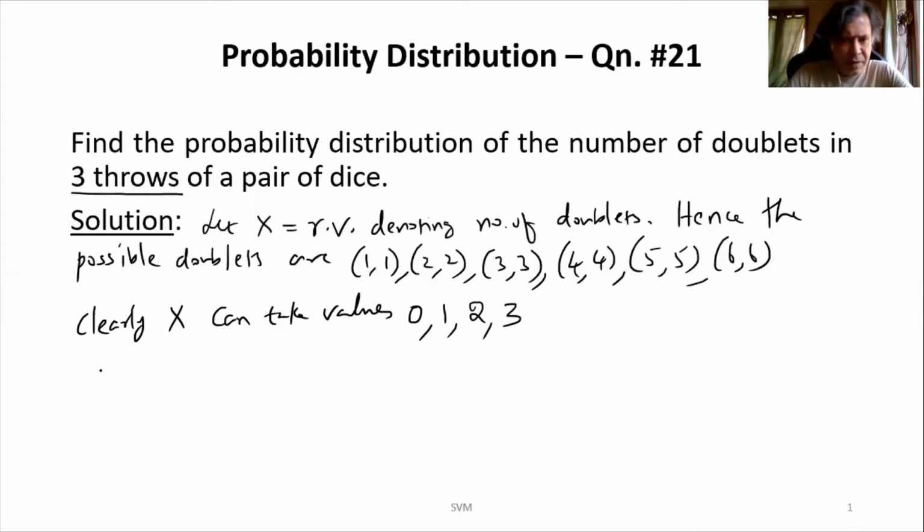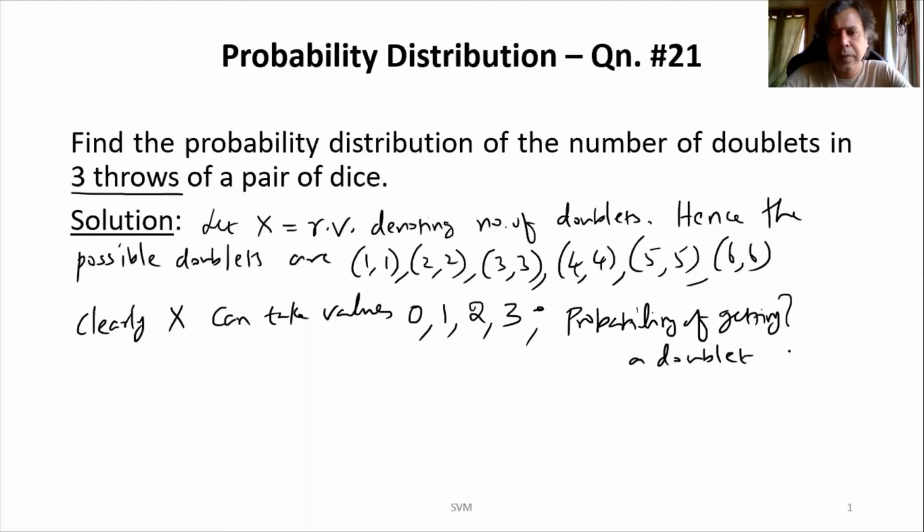Now, next, probability of getting a doublet. So these are the favorable outcomes 1, 1, 2, 2, 3, 3 up to 6, 6. How many are there? 6 outcomes. How many total possible outcomes? 36.